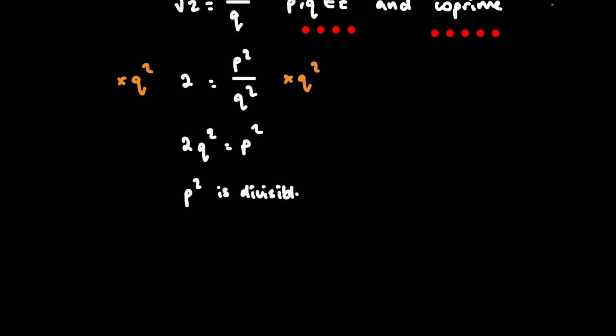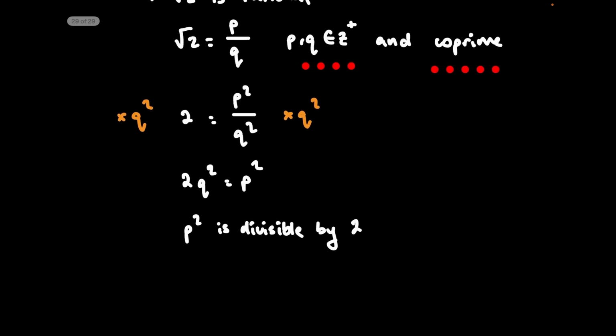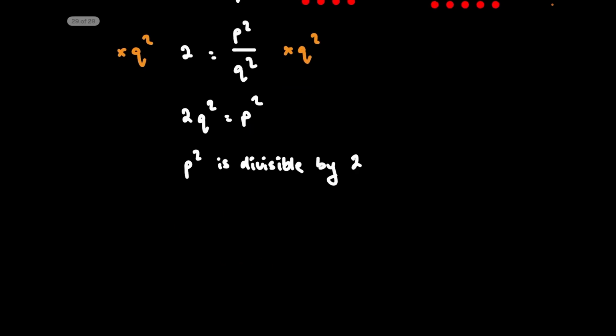But didn't we also say that p had to be a positive integer? In order for p to be a positive integer, p squared has to be a positive integer. That means when we square root p squared, we cannot get some decimal answer like 6.2317. We have to get an integer. And the only way that p can be an integer is if p is also divisible by 2.